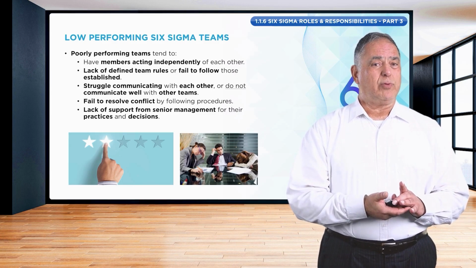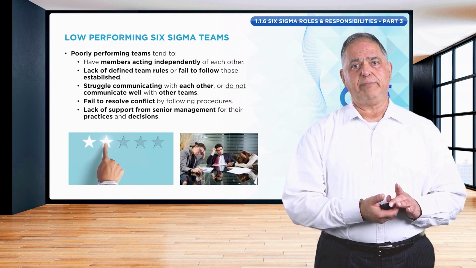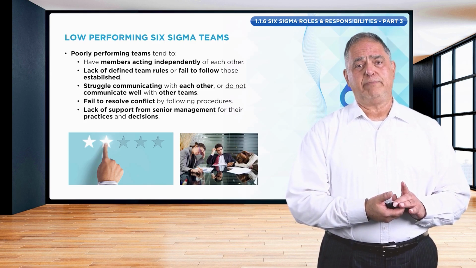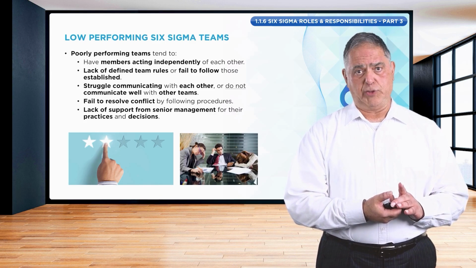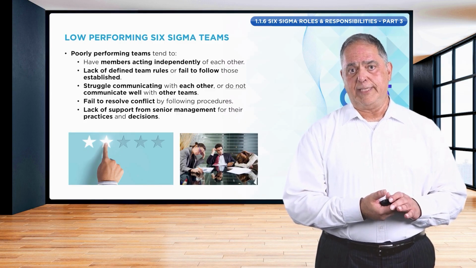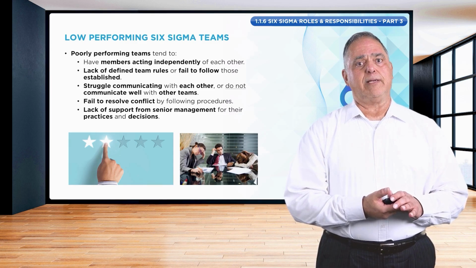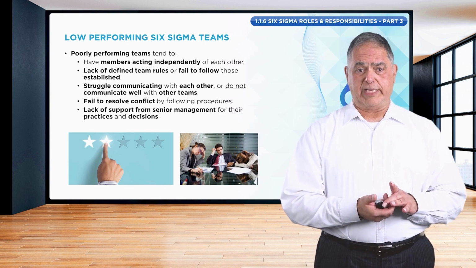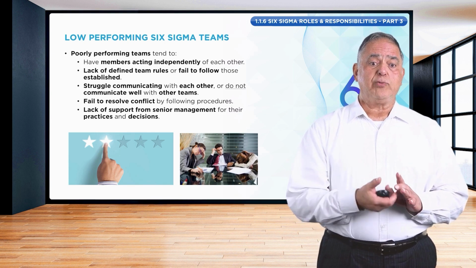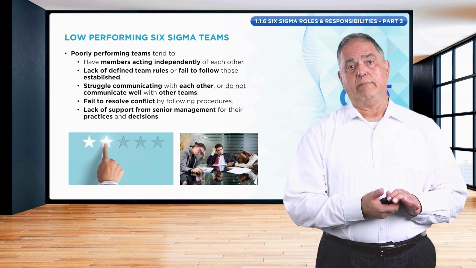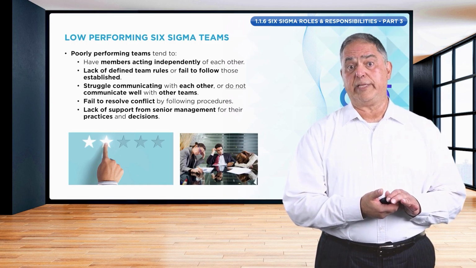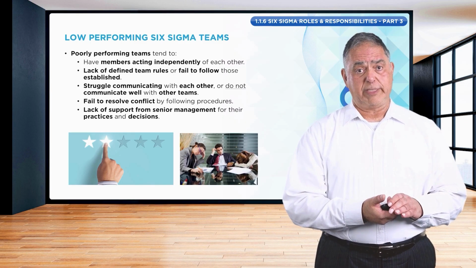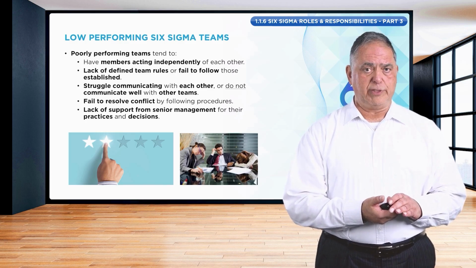Struggle communicating with each other. Now, this is a typical indicator of a poorly performing team. This means that there's no cohesion between the team members, and the chemistry within the team is not right. Failing to resolve conflict by following rules that the team has established, and this is referring to the team mechanics we mentioned earlier.